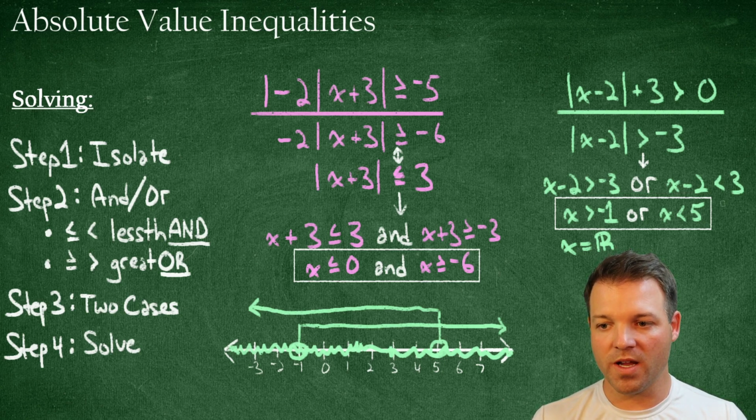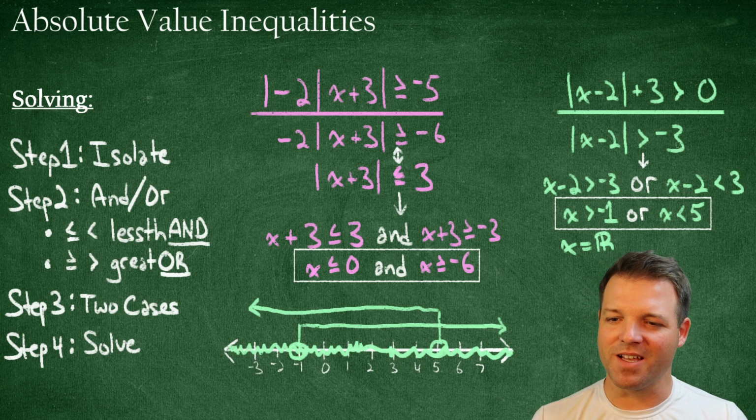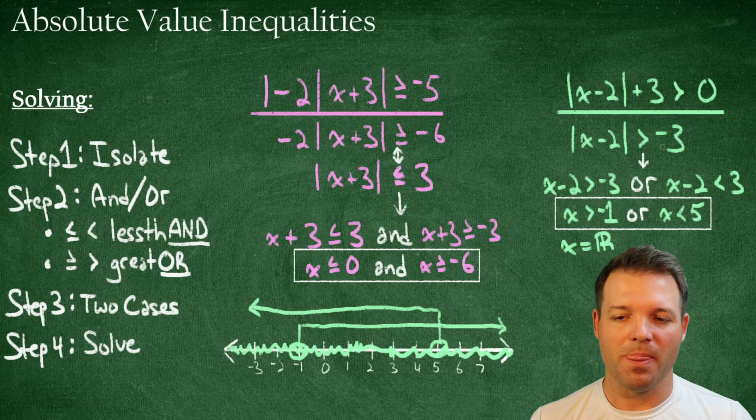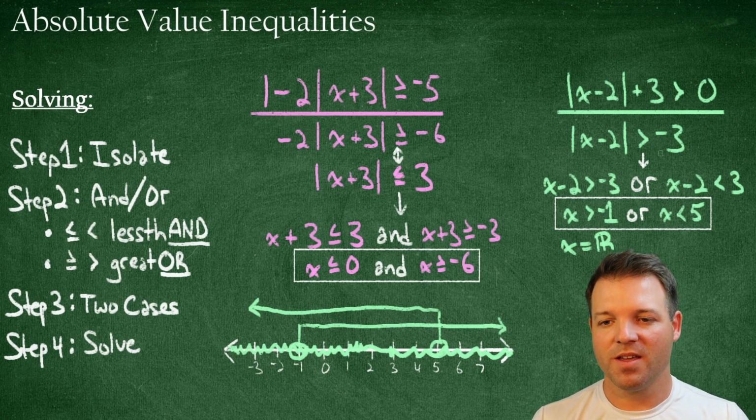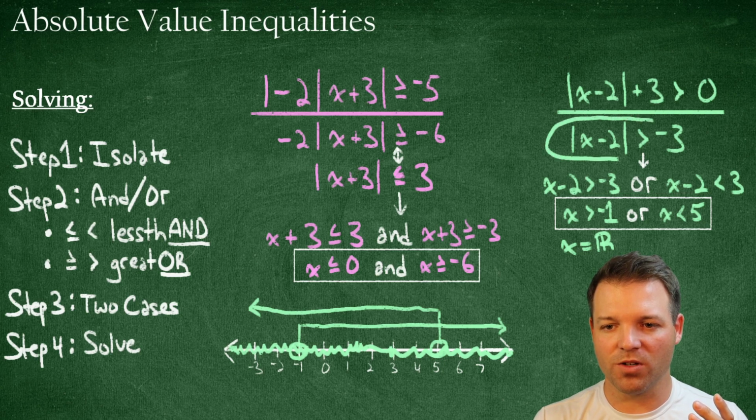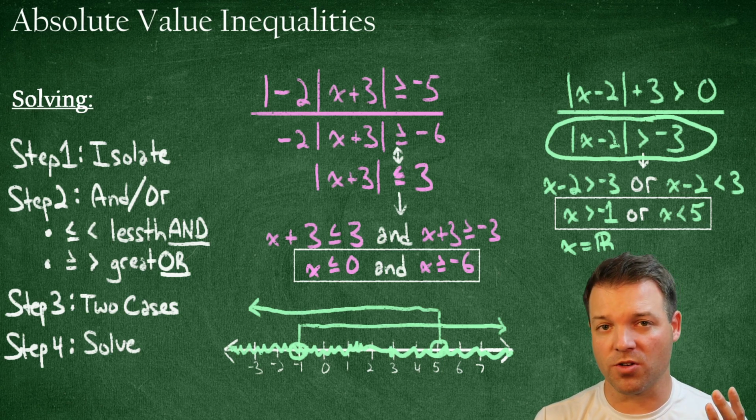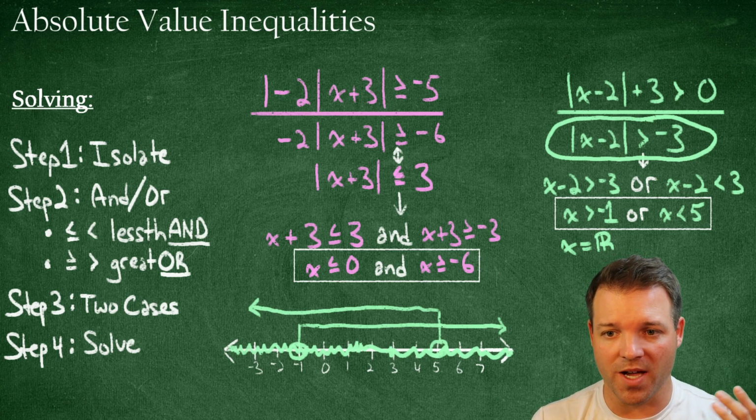Let's go over another solution here. Oh, and by the way, does that make sense? I'm just looking over here because I just made these problems up, and I'm thinking, does that really make sense? Well, if I stopped and thought about this for a second, the absolute value of anything turns anything into a positive, right?